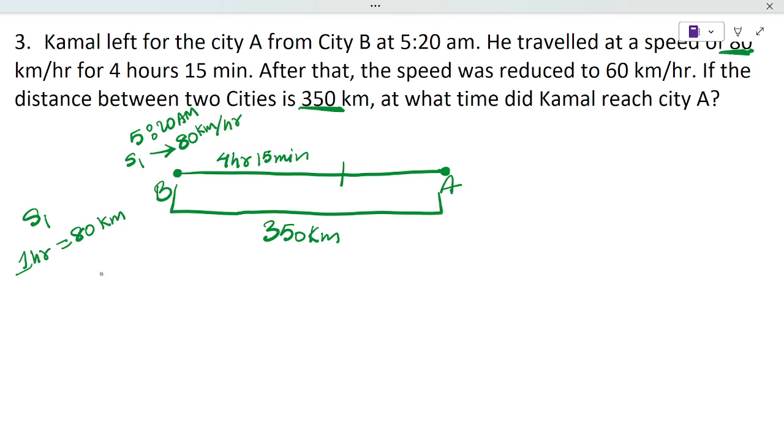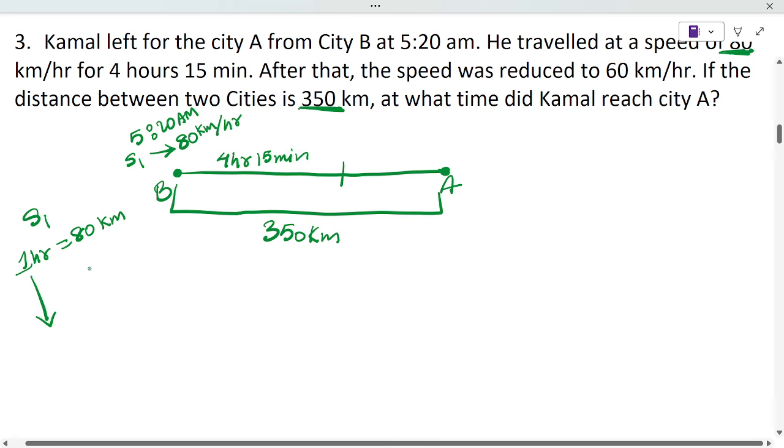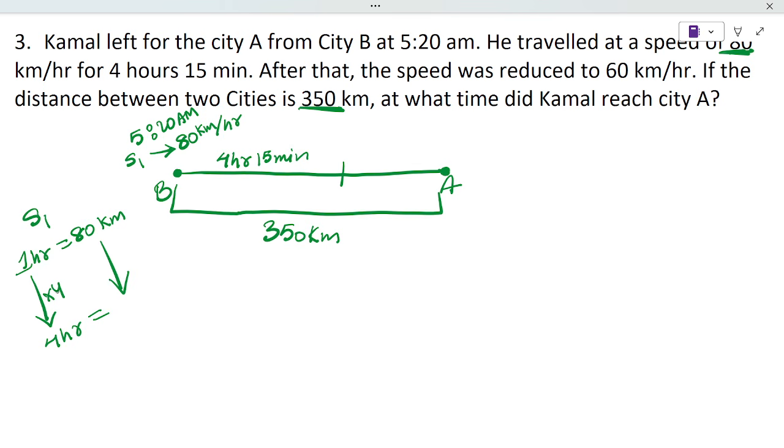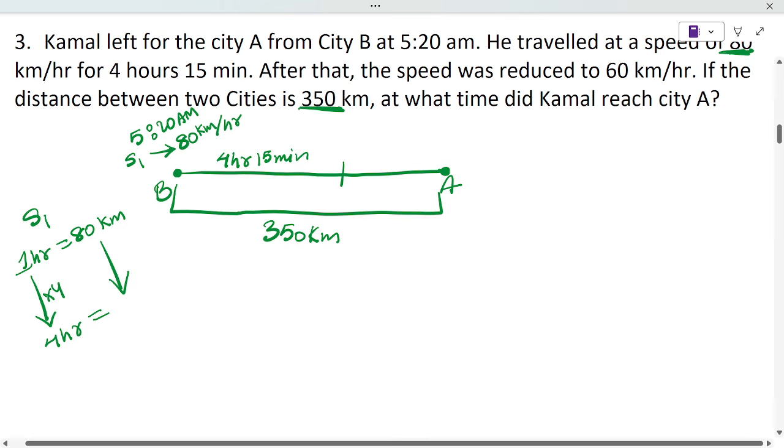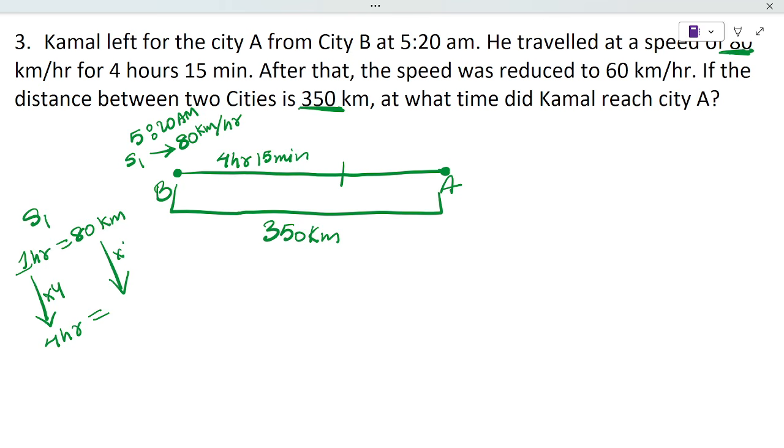So 1 hour is 80 km, and we need to multiply by 4. Whatever we multiply on the left side, we need to multiply on the right hand side also. So times 4 will give us 320 km. So while traveling at a speed of 80 km per hour for 4 hours he can cover 320 km.